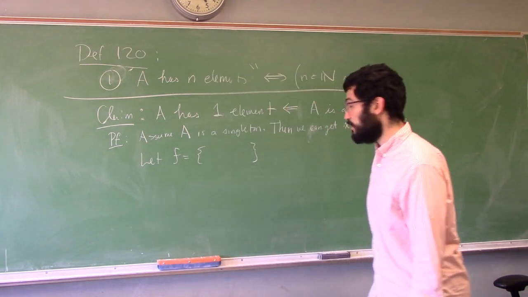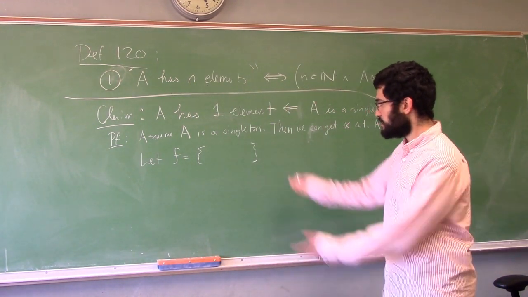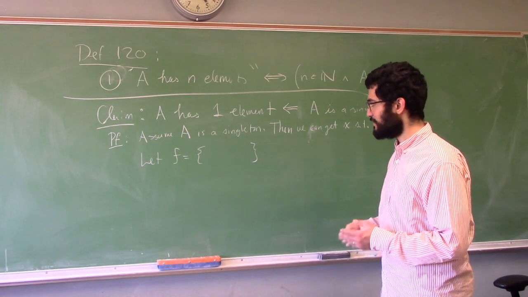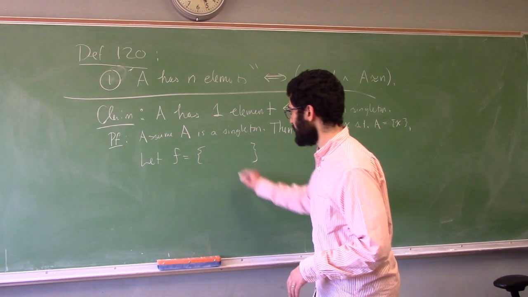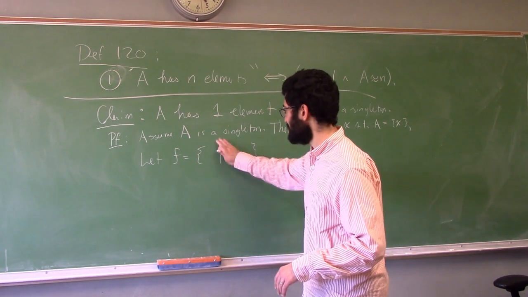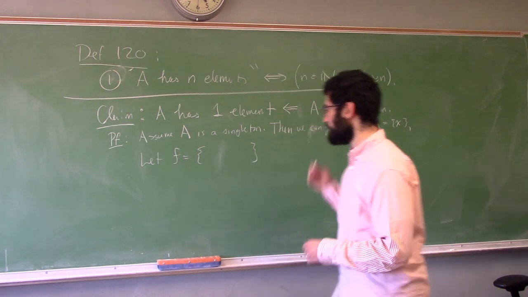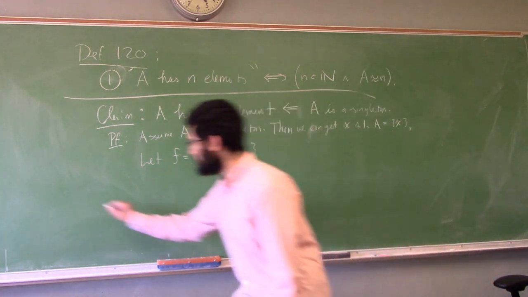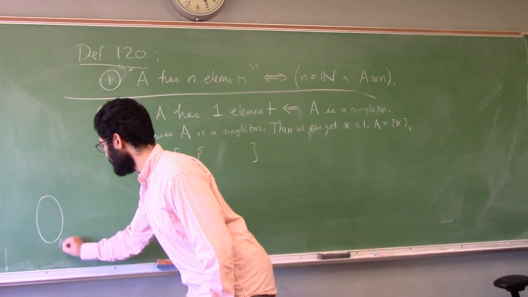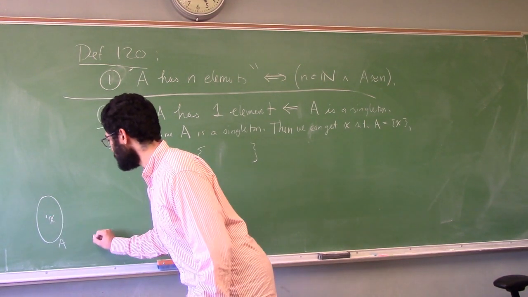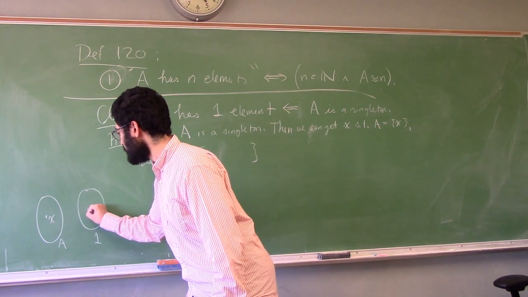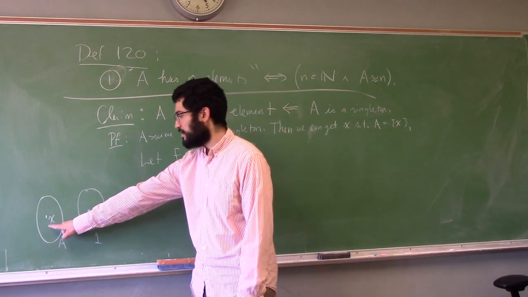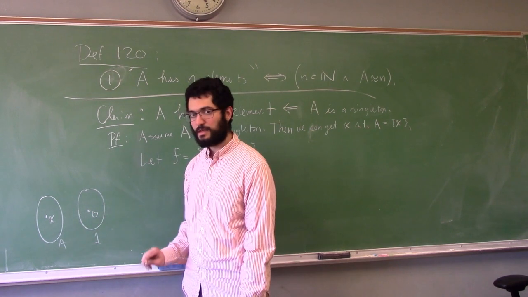Well, a function is a set of pairs, so maybe I can just list all the pairs I want. Luckily, there's only finitely many pairs that I'm going to need. If there were infinitely many pairs, then I might use that kind of notation. But here, I can just list the pairs that I need. What do I want f to do? So maybe just look at the picture. Here's A. It has one thing in it, which is x. And here's 1. It has one thing in it, which is 0. And what do I want f to do? I just want it to send the point x to the point 0, and to do nothing else.